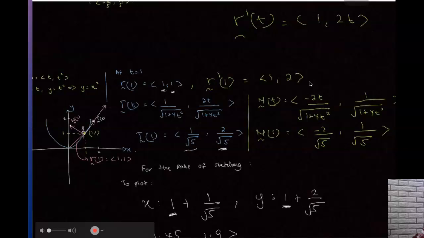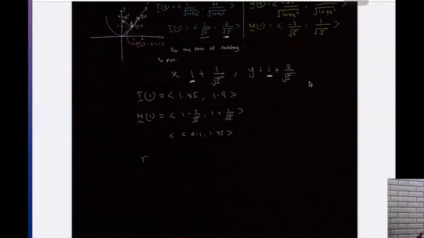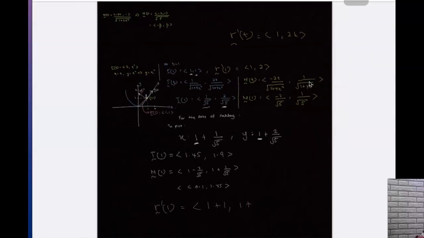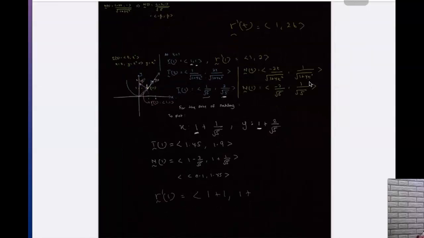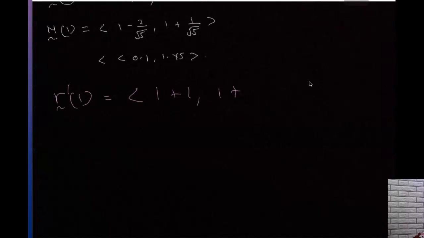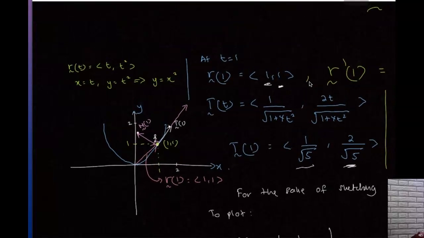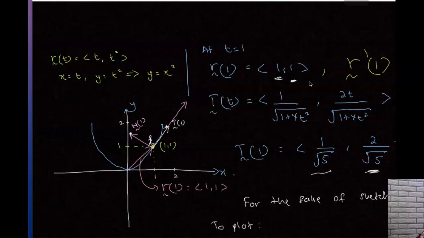For the sake of sketching, for our tangent vector, you have to add 1 plus 1 and 1 plus what we got just now. Oh, sorry, where is it, okay, 2. You got 2, so 1 plus 2, so you got 2, 3. So where is 2, 3? When I was sketching, 2, 3, it should be somewhere here.